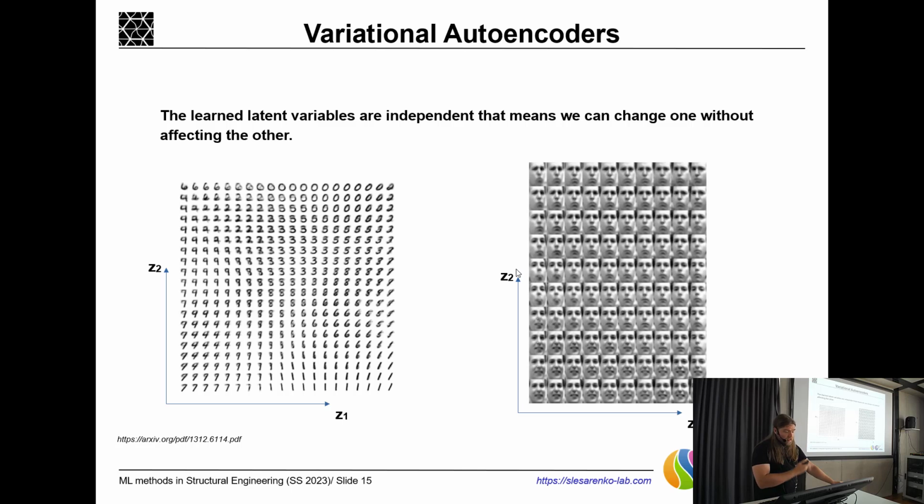And with that, we actually get very nice encodings. The nice thing is that these variables in the bottleneck, which we can also call the latent space, are quite independent in what features they control. They learn things that actually mean something, and we can change one variable without needing to change the others.